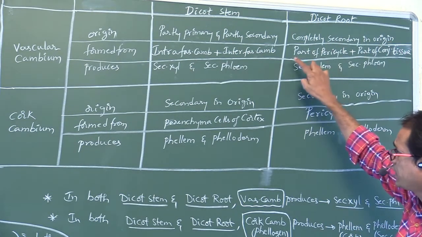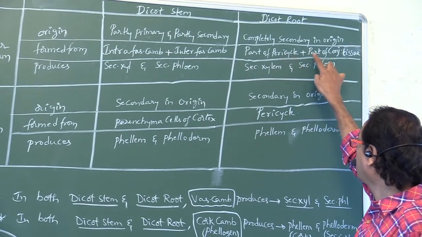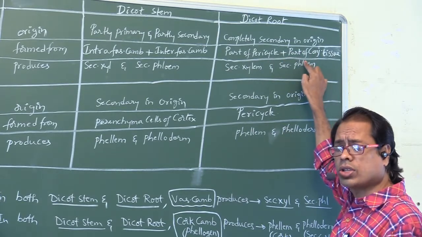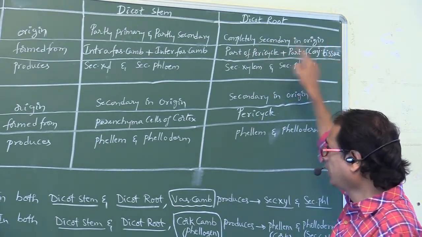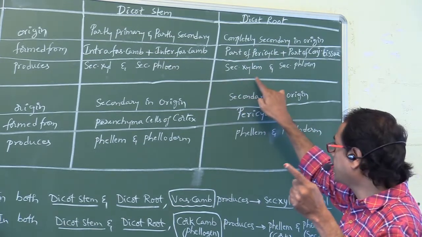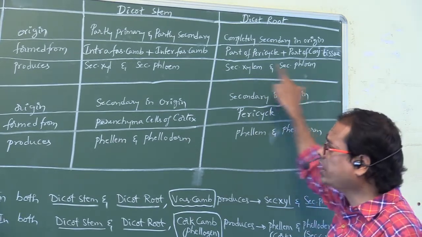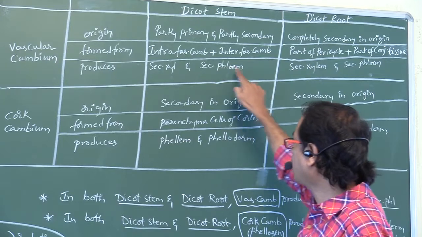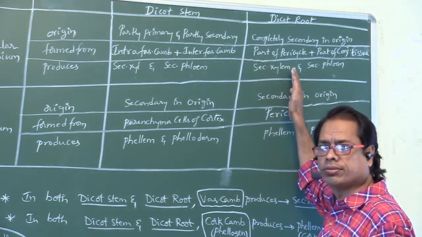It is formed from a part of pericycle and a part of conjunctive tissue during secondary growth. It produces secondary xylem towards the inner side and secondary phloem towards the outer side. So vascular cambium produces both secondary xylem and secondary phloem in both dicot stem and dicot root.